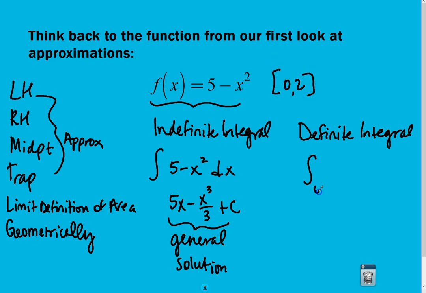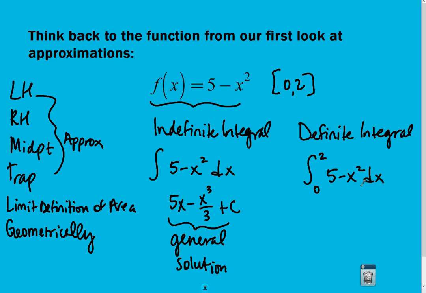So if I did the definite integral from 0 to 2 of 5 minus x squared dx, that will also give us the exact area under the curve. When we did that before, we used our limit definition to rewrite our definite integral as a limit, and then using summation properties, we found the area.